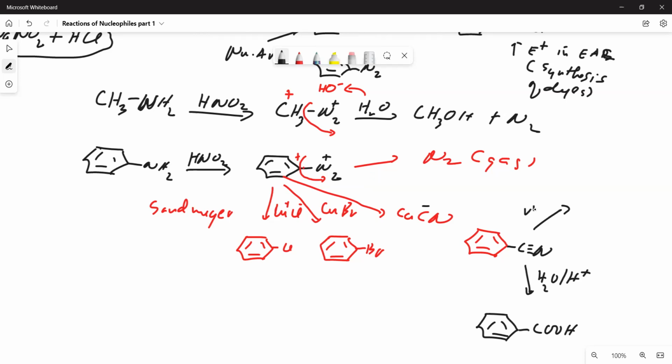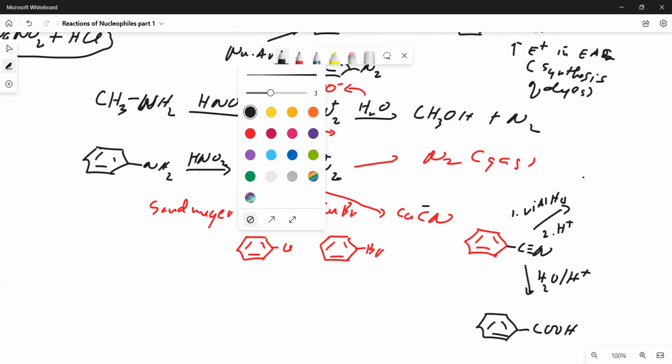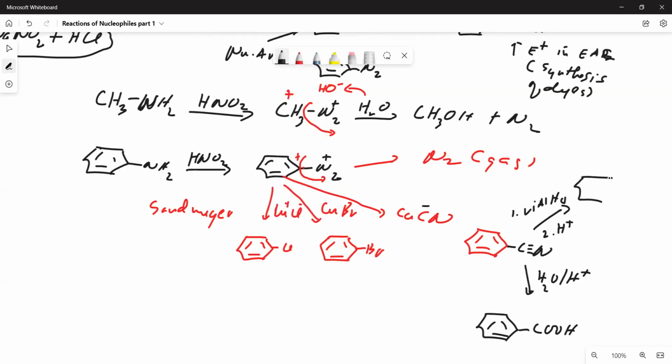So if you add a reducing agent like lithium aluminum hydride, a very good reducing agent, followed by workup with an acid to complete the process, that triple bond will disappear. The 2 pi bonds will be reduced by the hydrogen coming from lithium aluminum hydride, producing an amine. There. So this is a very important reaction of the cyanide. You can also call that side reactions, if you will.